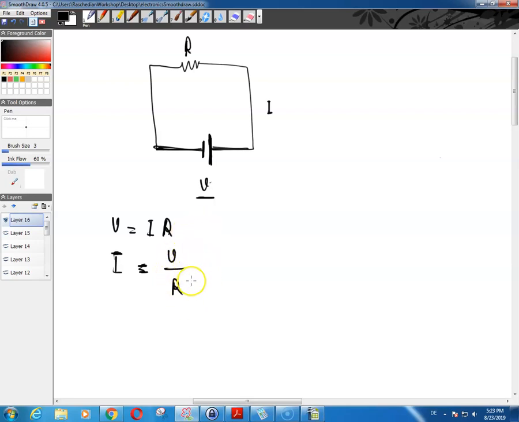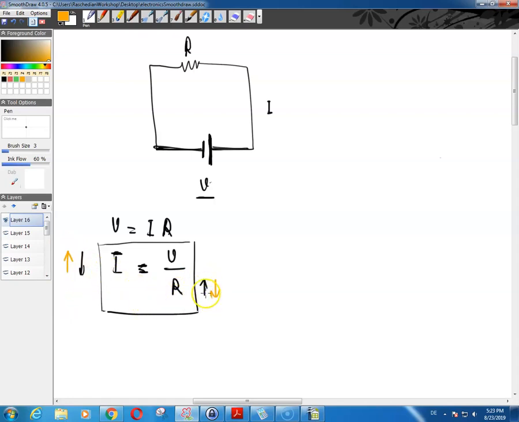So you can see that in this relationship, R is in the denominator and I is in the numerator on the other side, so the relationship between I and R is an inverse relationship, meaning that if you increase your R, your I is going to decrease, and if you decrease your R, your I is going to increase.